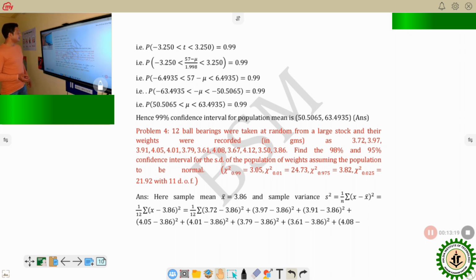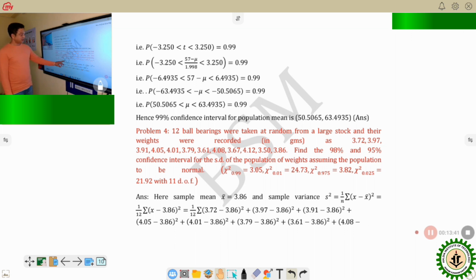And the last one is a problem for the population standard deviation. 12 ball bearings were taken at random from a large stock, and their weights were recorded in grams. Find the 98% and 95% confidence interval for the SD of the population of weights, assuming the population to be normal.